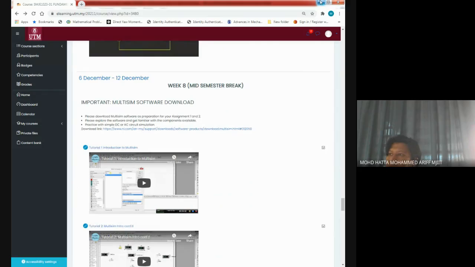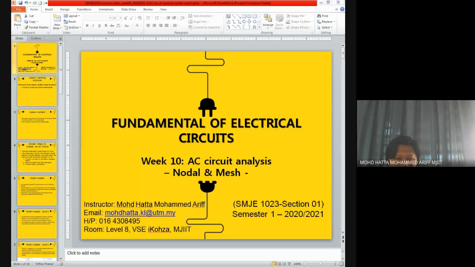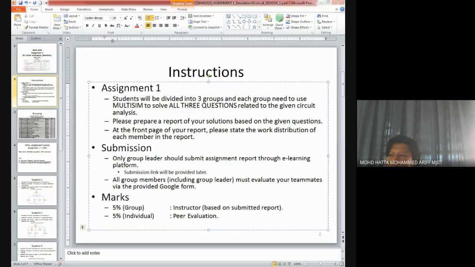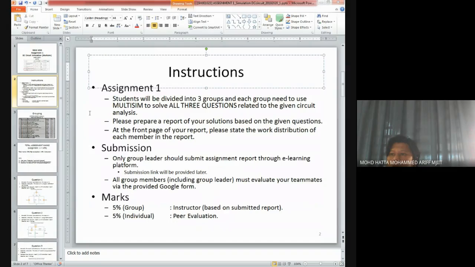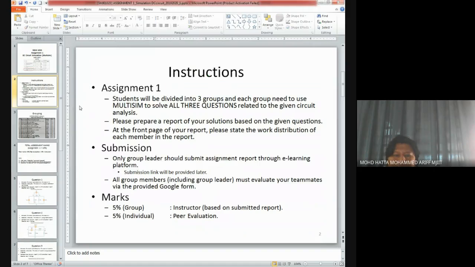Okay, we proceed to the one that I mentioned last week. It's regarding assignment 1. I still haven't posted this information or this slide in e-learning.